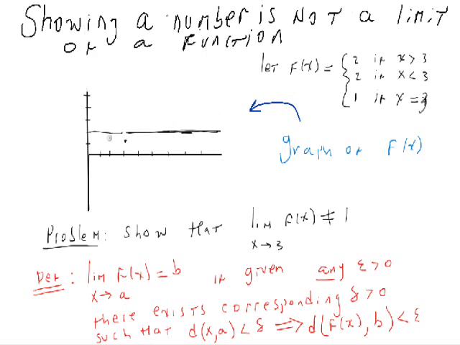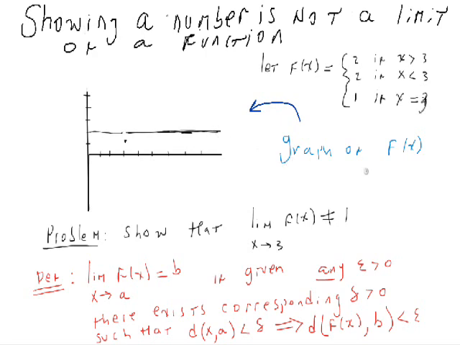of this function. Notice that for all values of x except the number 3 here, the function is constant at 2. When x equals 3, the value of the function falls to 1, and for all other values of x, it is actually 2.